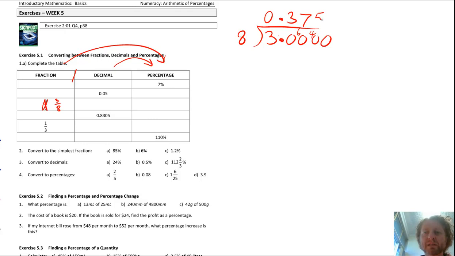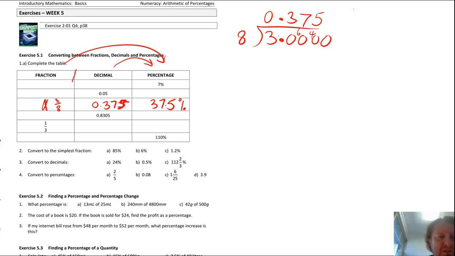And 8s out of a 40, well, that's 5. And that's on the dot, so I've stopped. So 3 8ths is 0.375. And times 100 becomes a percentage, so it becomes 37.5%.